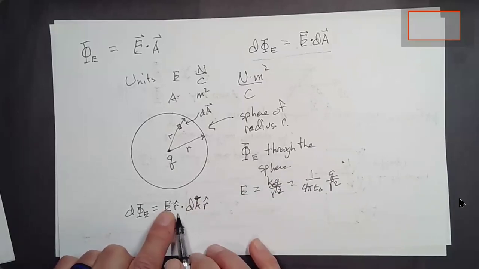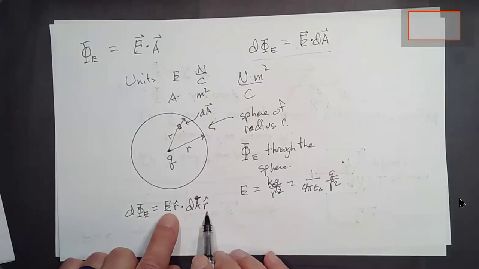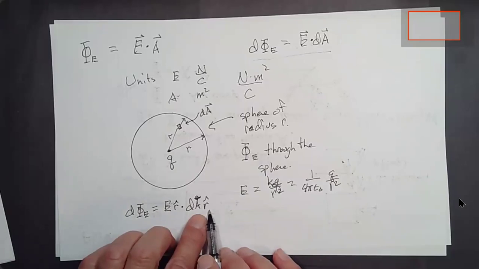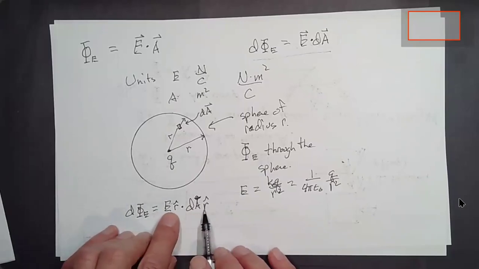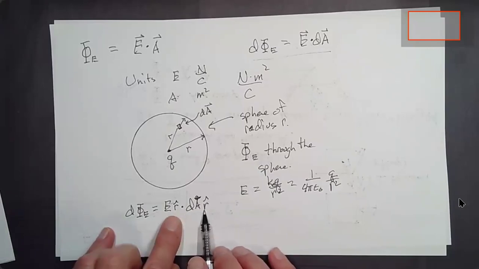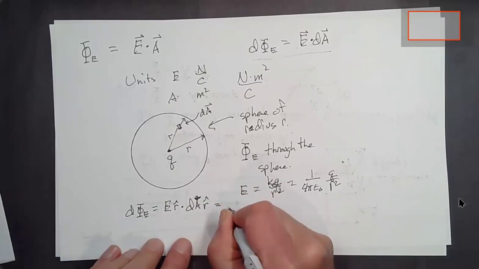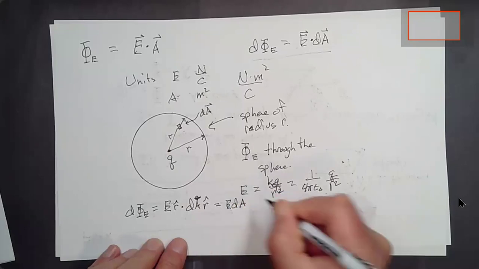And anytime you take the dot product between a unit vector and itself, you get the magnitude of the unit vector times the magnitude of the unit vector times the cosine of the angle between the unit vector and itself. That's the cosine of 0, which is 1. And so r hat dot r hat is just 1 in this case. And so the flux of the electric field here is going to be E dA.